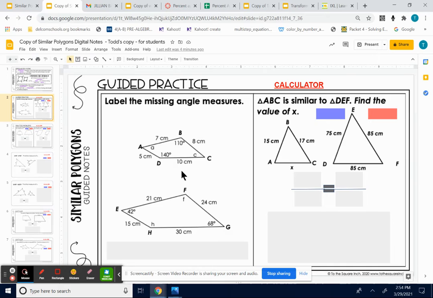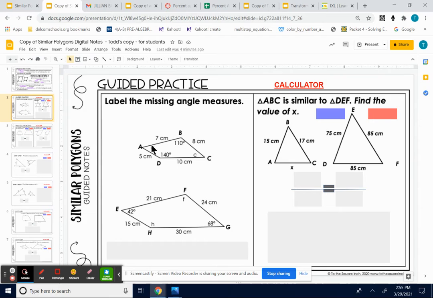Hopefully you can see that if I enlarge the small shape, I would get the big shape. They're similar. So the corresponding angles are equal to each other. That's a fancy way to say the angles in the same place are equal to each other.